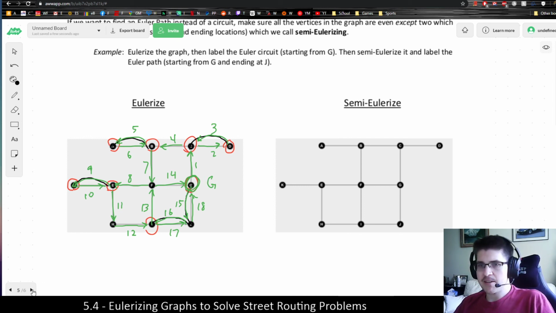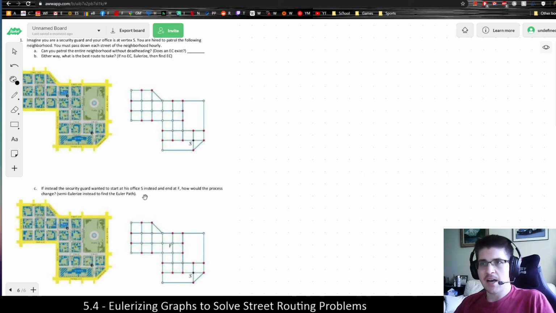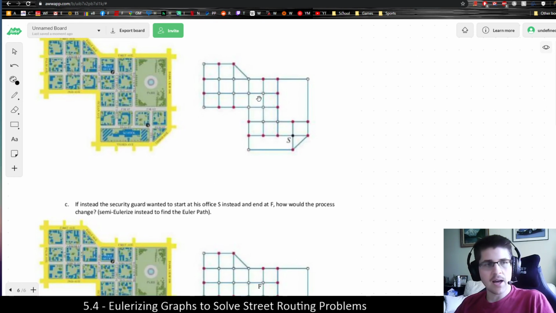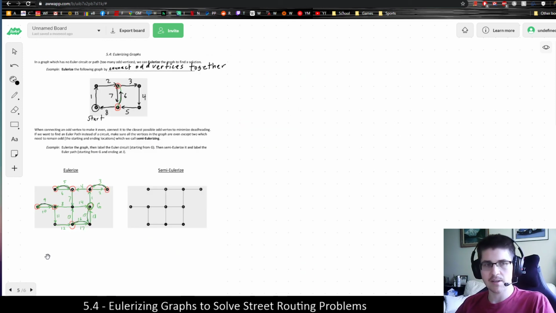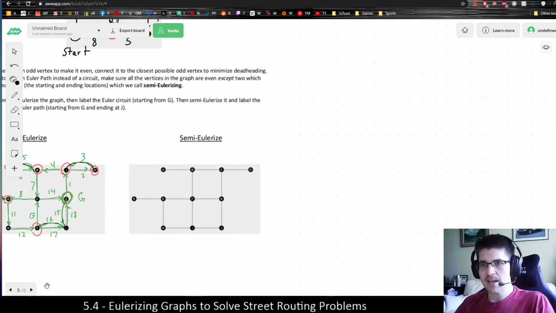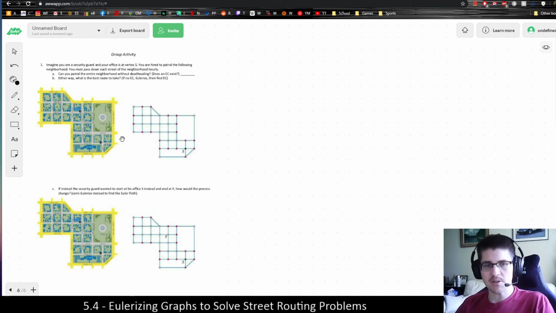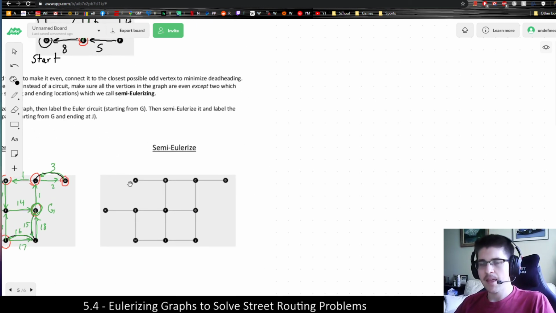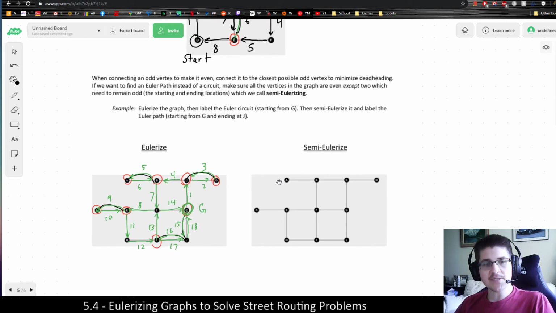And on the next page, there is a group activity with a slightly harder problem that usually in class I would give you as a try-it-yourself, see if you can figure out the Eulerization. And usually test questions end up being something very similar to this after all is said and done. And in the next video, we'll do the same example, but we'll semi-Eulerize it instead.